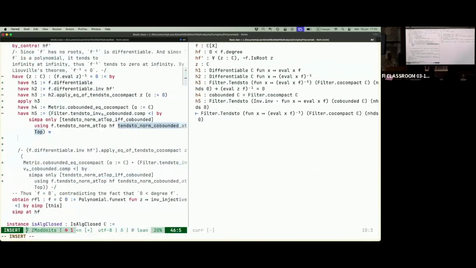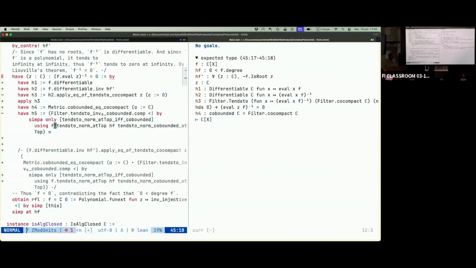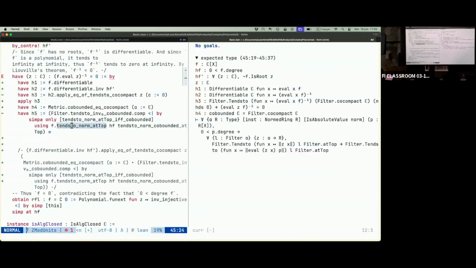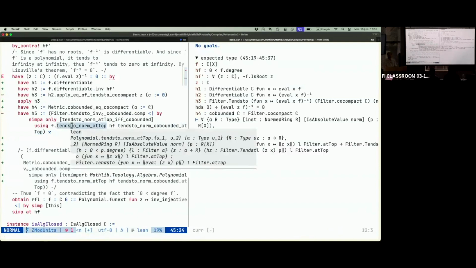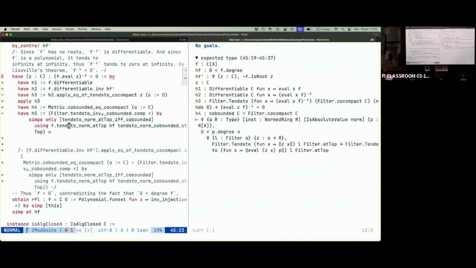So composed with fun x to eval x f is really the inverse, the 1 over f, that it tends to 0 at infinity. Okay, and this is because, well, this is again a composition of a lot of stuff. Because probably there is a theorem that a polynomial tends to infinity at infinity, so the inverse of a polynomial. Yeah, and why is the assumption that the degree is positive? Boom, boom, boom. It's right there to the right. Yeah, here there is HF.